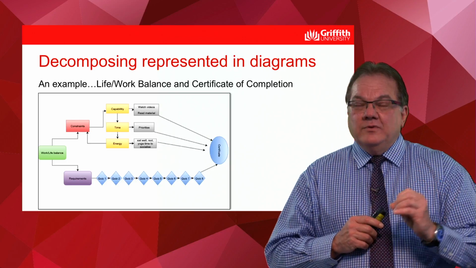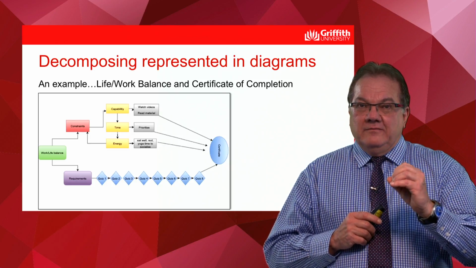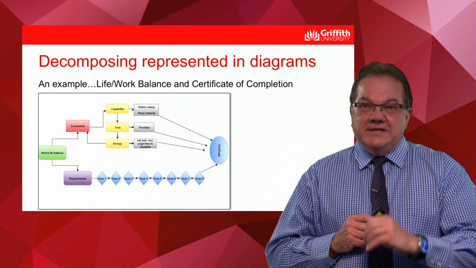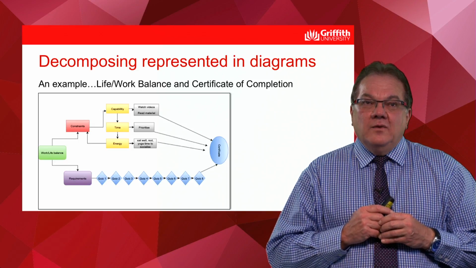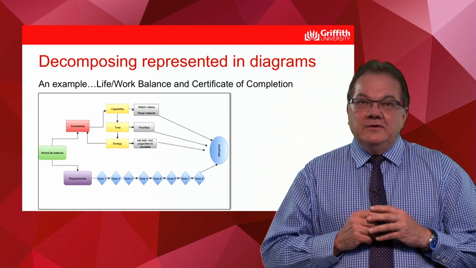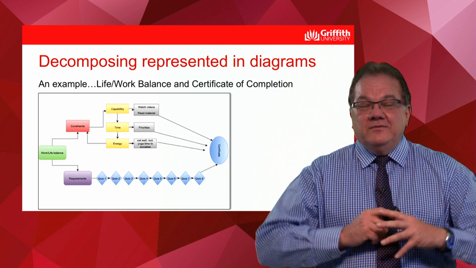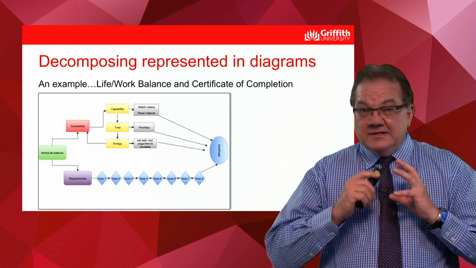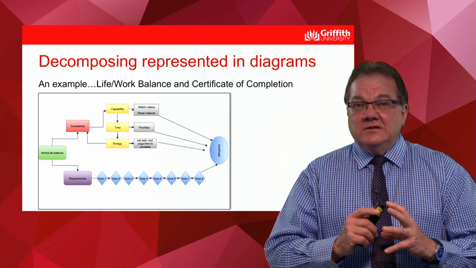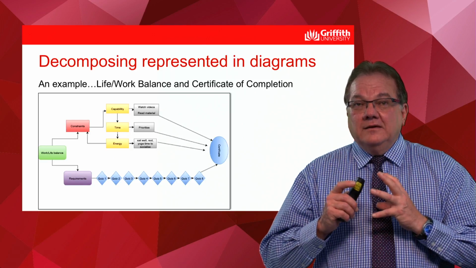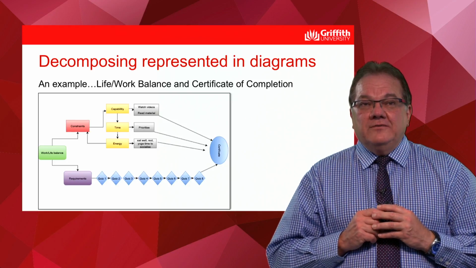So here's an example taken from a participant from the cohort that preceded this particular cohort, where the example was to ensure that they maintain a life-work balance. This was their design brief, to maintain a life-work balance and at the same time engage with this course effectively and do the requirements of the certificate of completion.